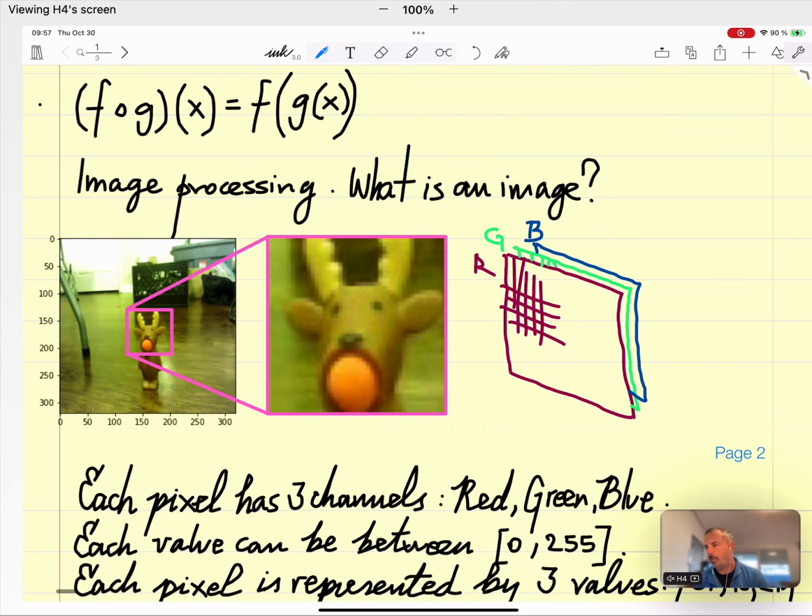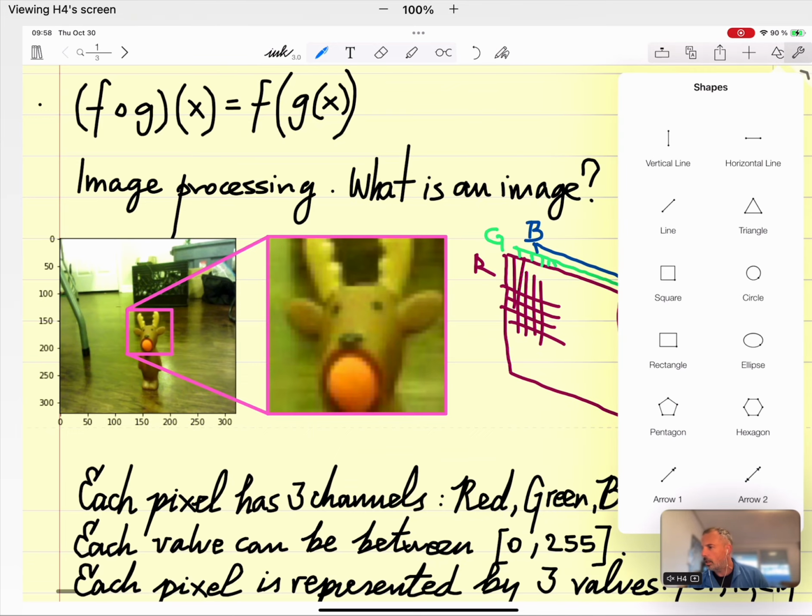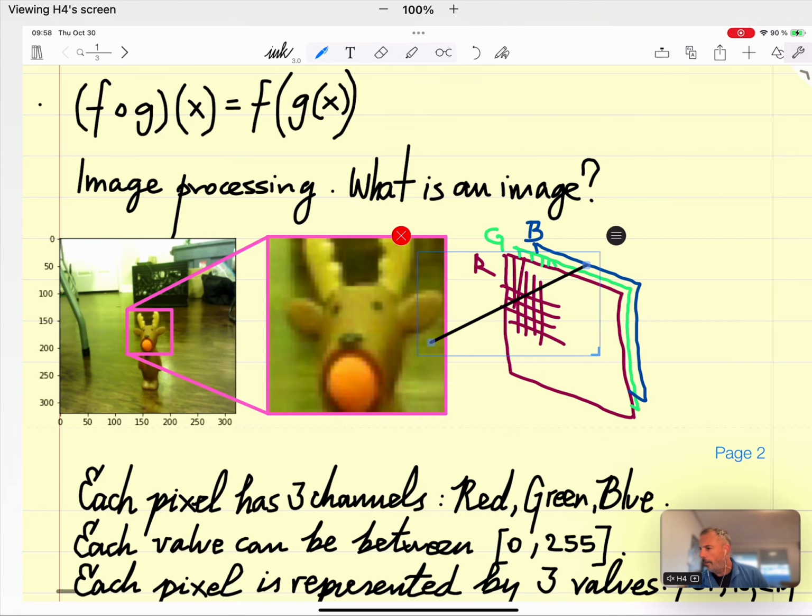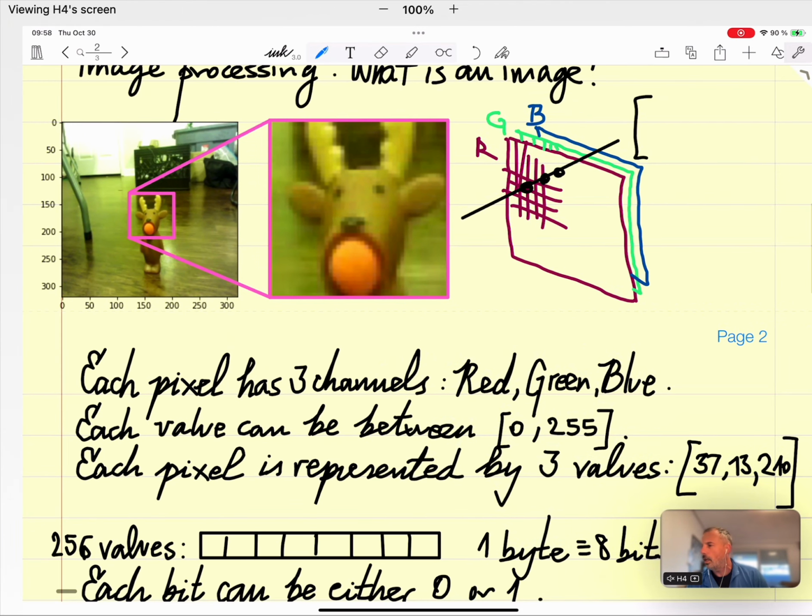Each pixel has 3 values. Let's say we take the 3 values R, G, and B for each pixel, and we get then 37, 13, and 210 for each pixel. All right.